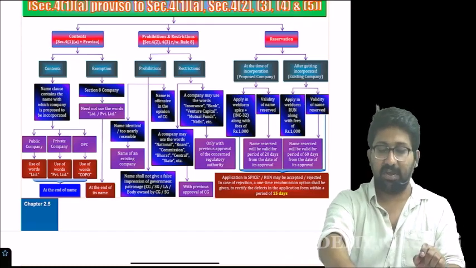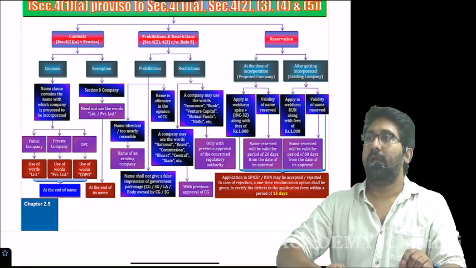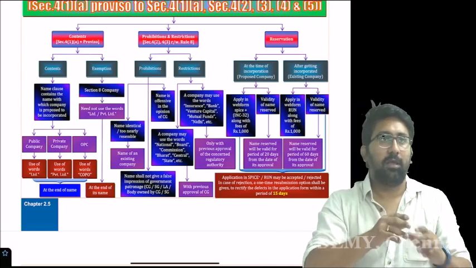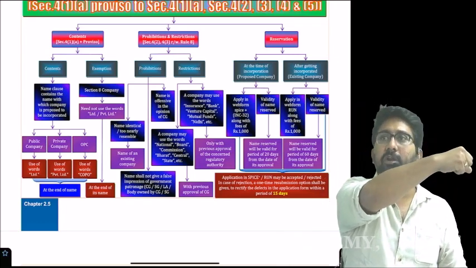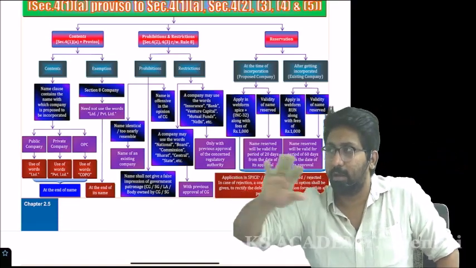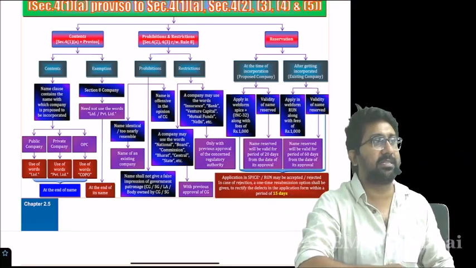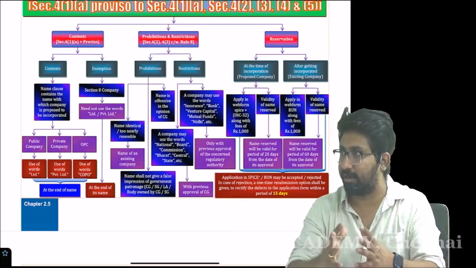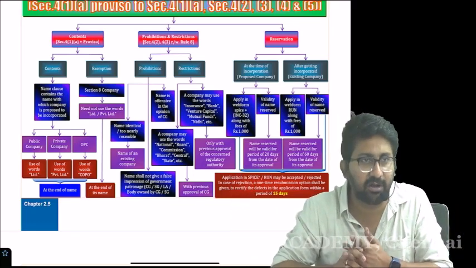So please, sir, anyway, that's why analytically what we are going to do in this area is institute the scattered name clause concept across the book. What we will do in the class is wherever the name clause concept is there, we will bring it together. Are you understanding or not?